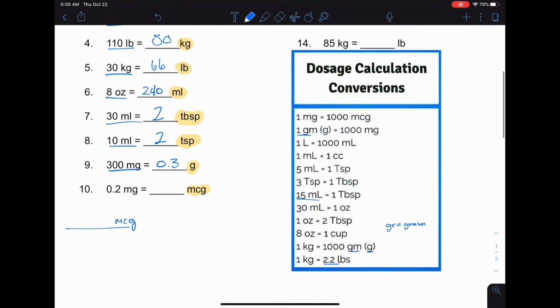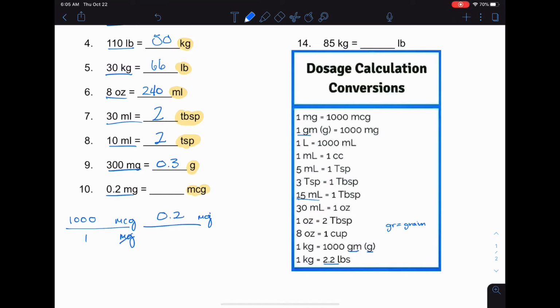We know that there are 1,000 micrograms in 1 milligram. I need to get rid of those milligrams, so I'm going to put this up top so that they'll cancel. My problem is in milligrams, so I can go ahead and pull that in.